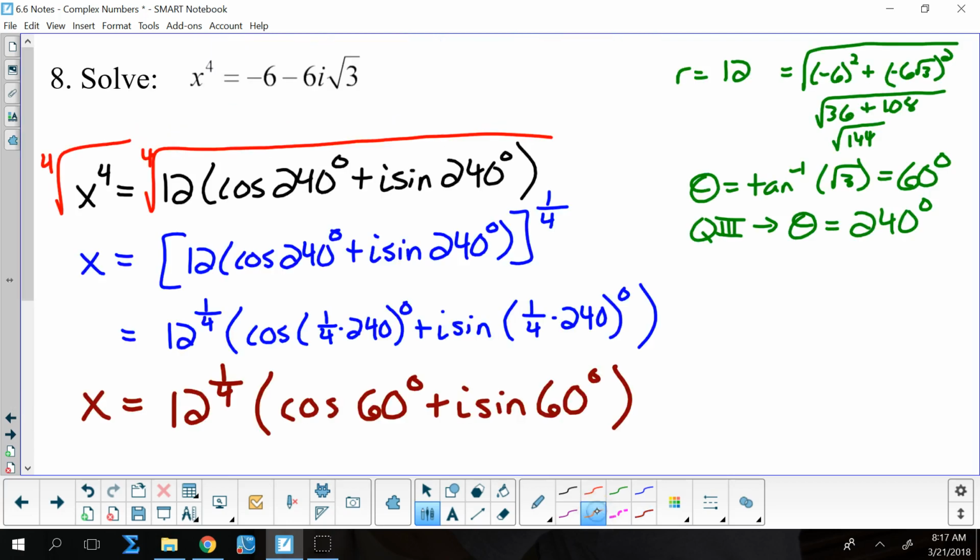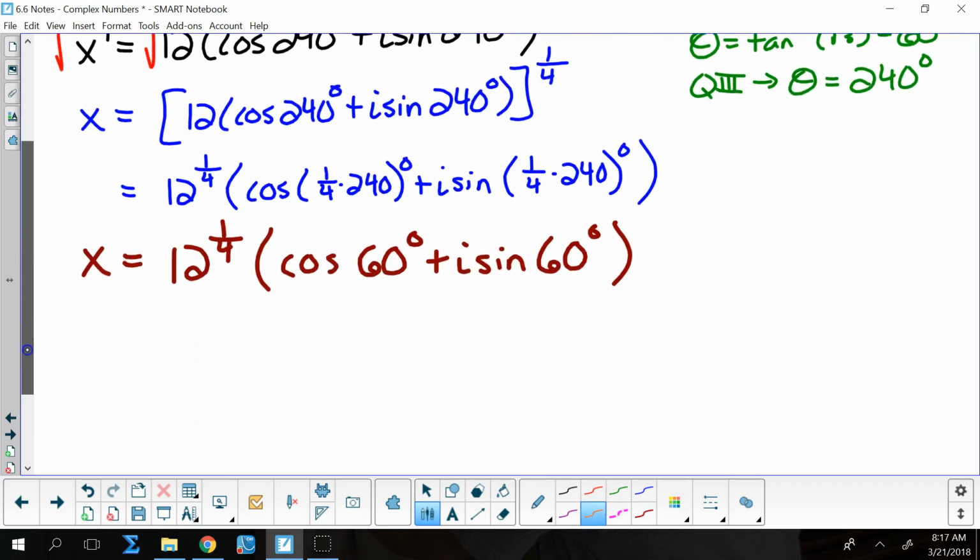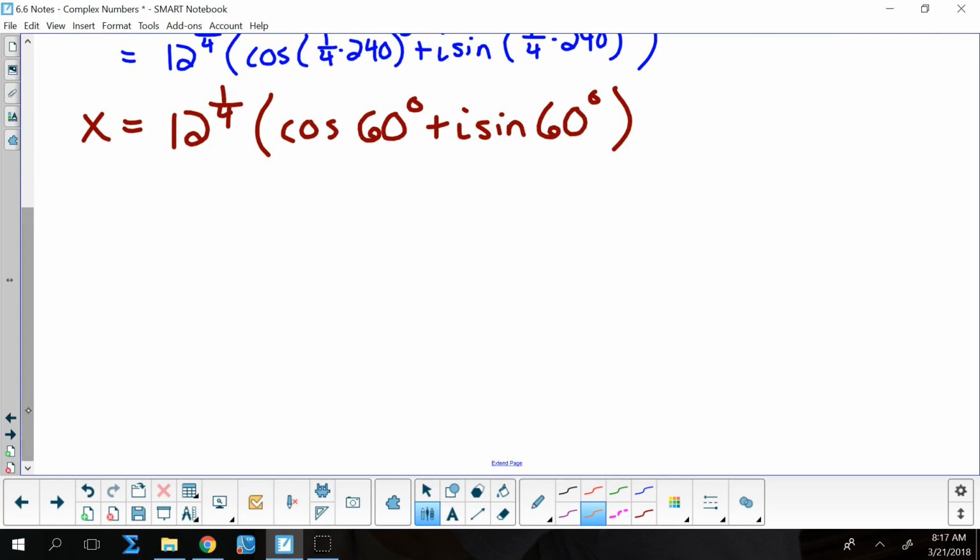So I take 360 and divide it by 4 because I'm taking the 4th root, and that is 90 degrees.